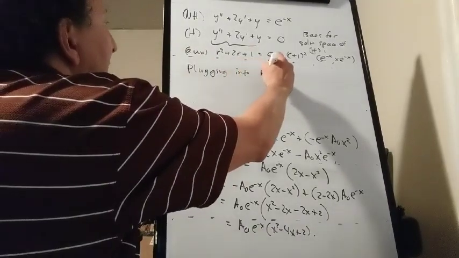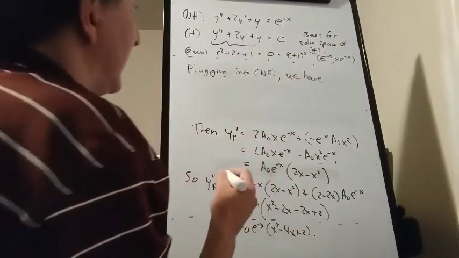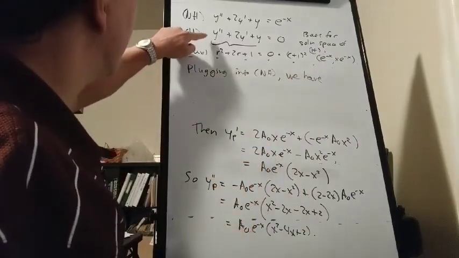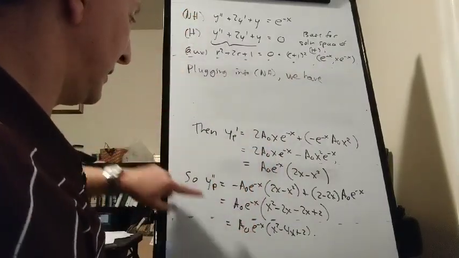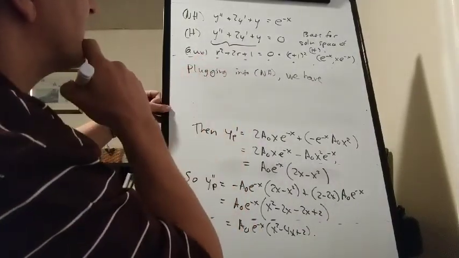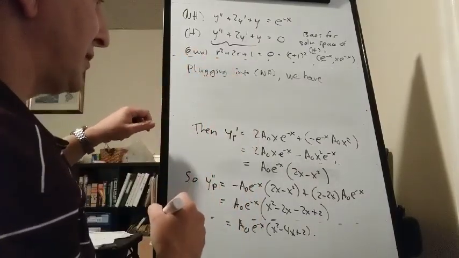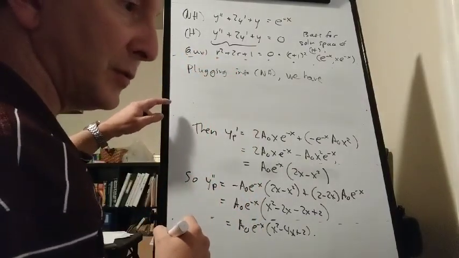So plugging into the non-homogeneous equation, we have y double prime. We're going to want to compare coefficients of x on both sides of the equation too.